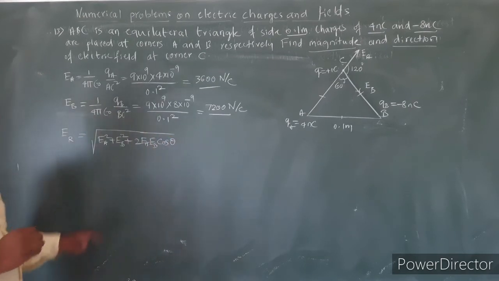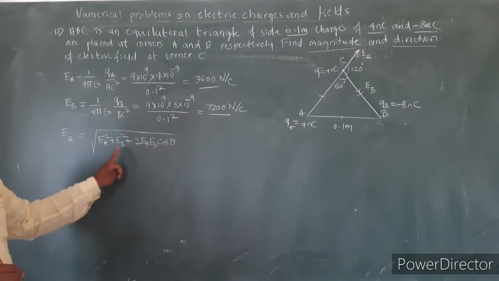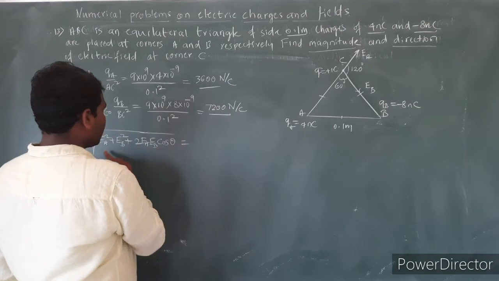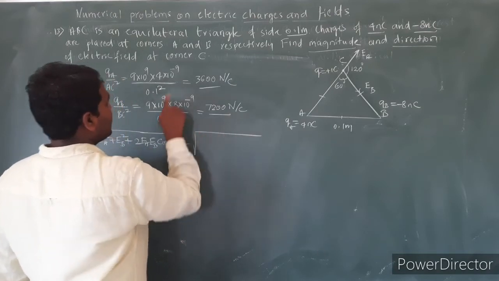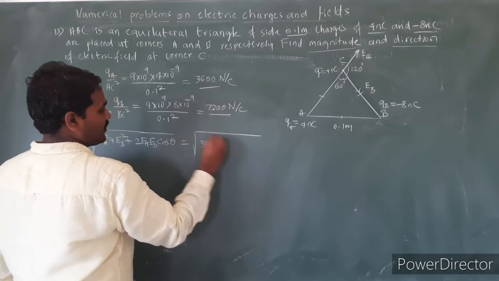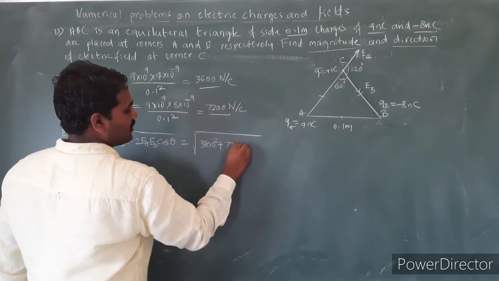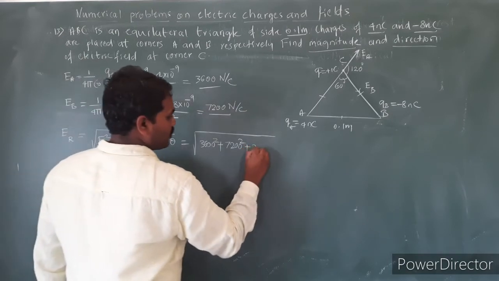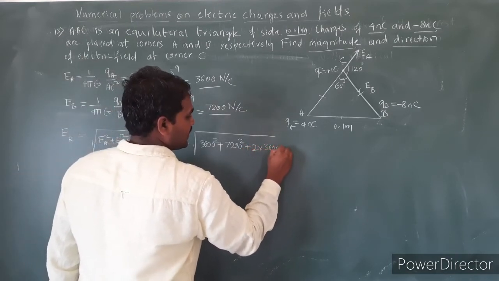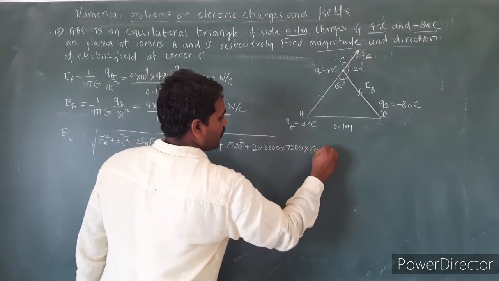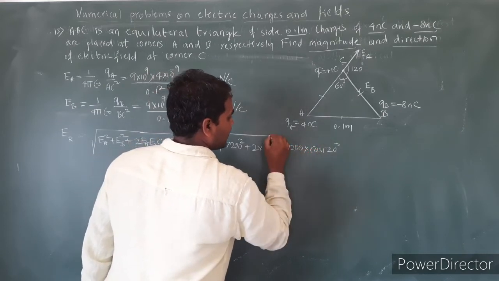This is the general formula for finding a resultant of these two vectors. Okay, if I substitute it here, what I will get, that is square root of EA is 3600 square, plus EB is 7200 square, plus 2 into 3600 into 7200 into cos of 120 degrees.